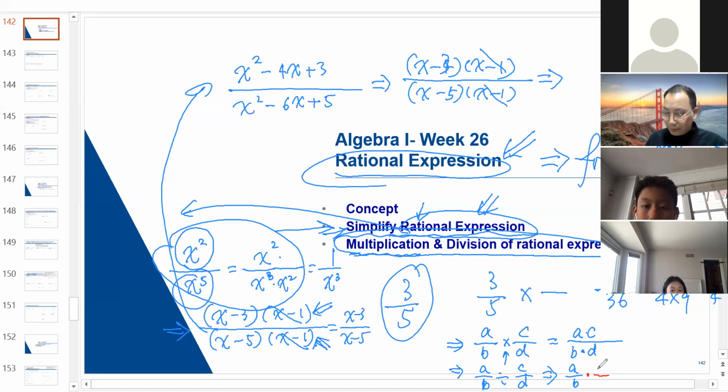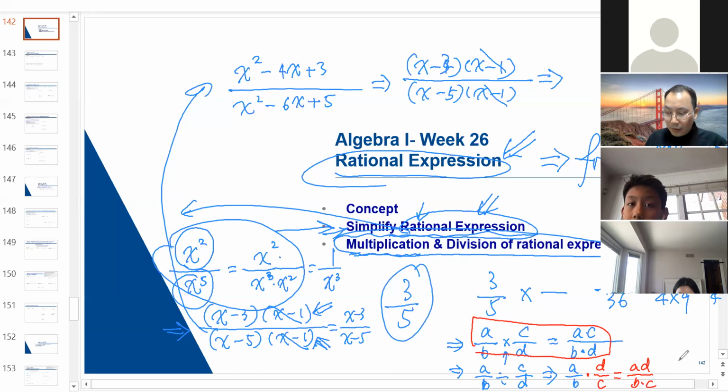It becomes the reciprocal. The denominator becomes the numerator, and the numerator becomes the denominator, right? Now we use the same method as this one, multiply them together, right? This is what we learned last week, a couple of weeks ago.